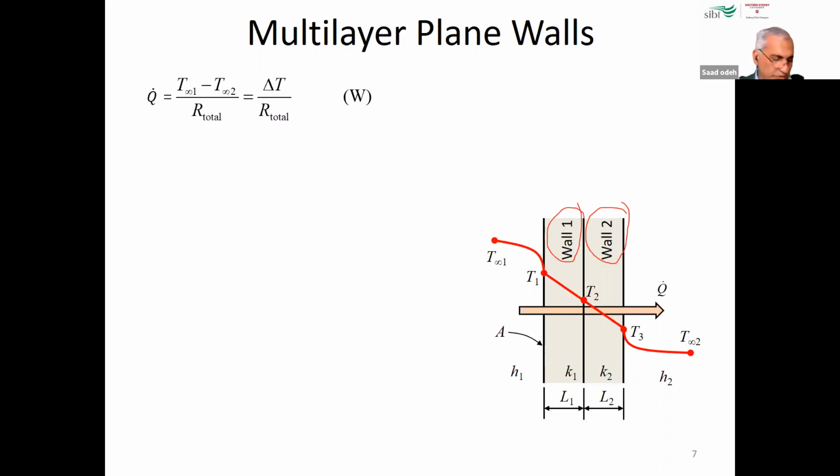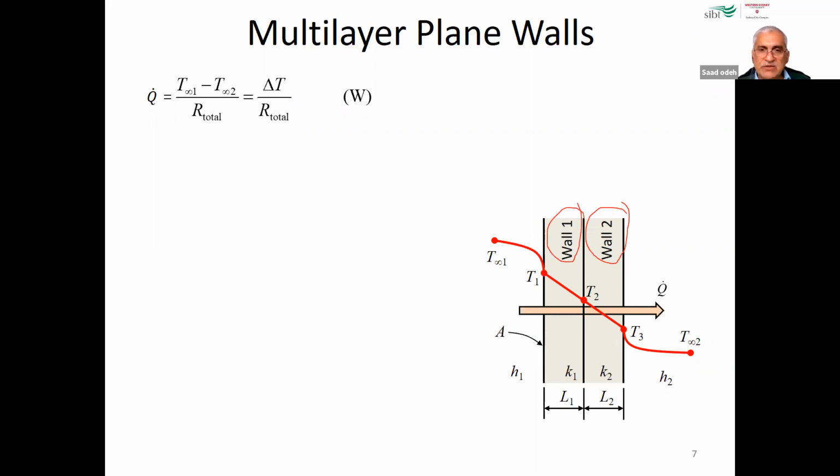I will show you very soon different types of walls used in buildings. Because of this, it's not only one thermal resistance. We will have more than one thermal resistance in the wall, depending on the material used in the construction of the wall.